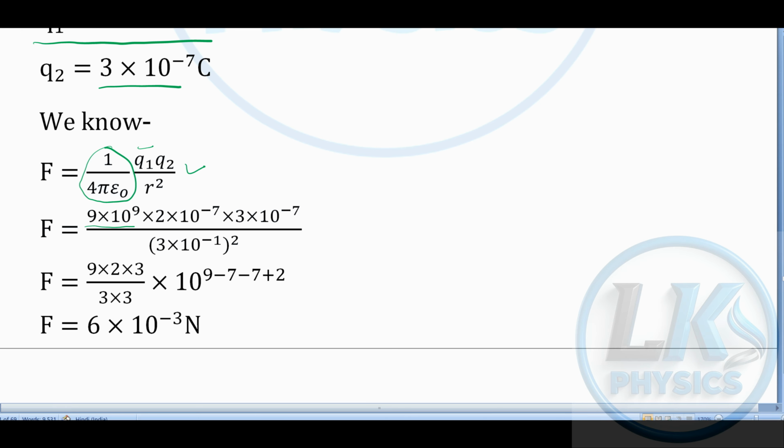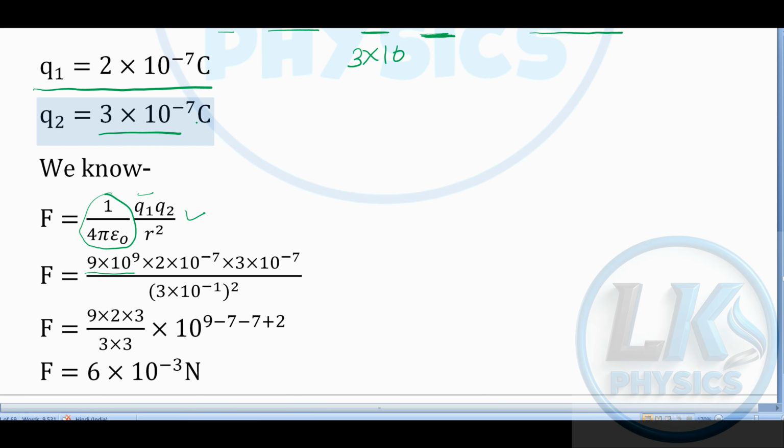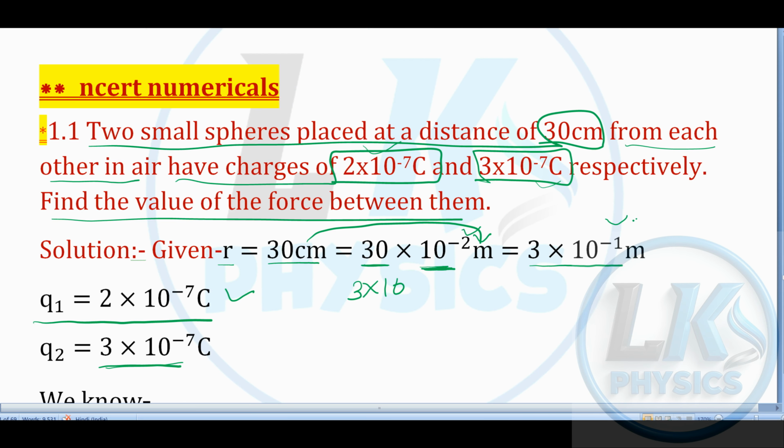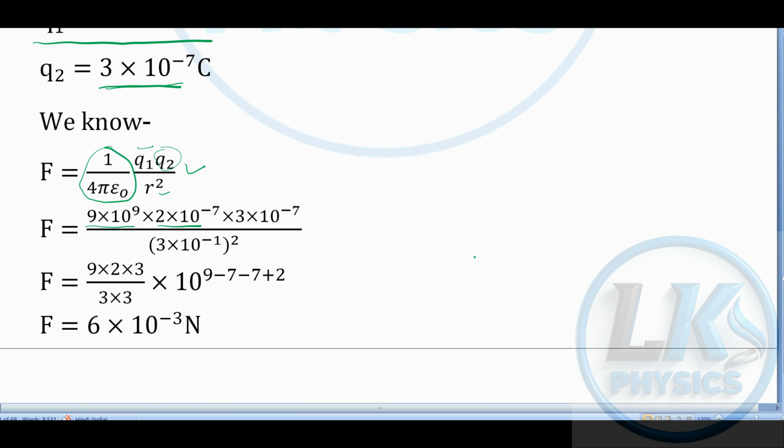The value of Q1 is given in the question, 2 into 10 raised to power minus 7, and the value of Q2 is 3 into 10 raised to power minus 7, and the value of r is 3 into 10 raised to power minus 1, and this is squared, so we square 3 into 10 raised to power minus 1.